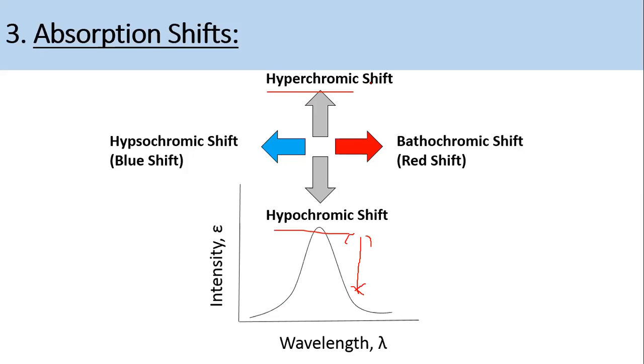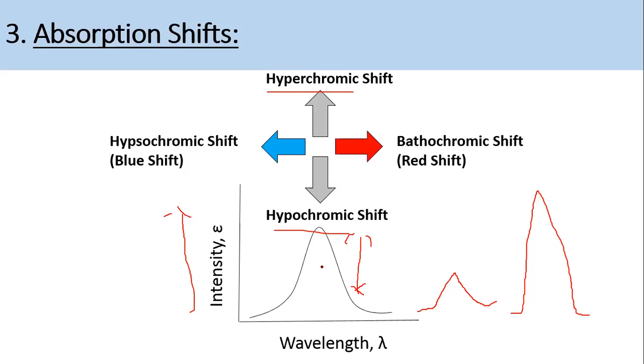A hyperchromic shift is a shift which causes an increase in the intensity, meaning an increase along the y-axis or the height of the peak, and a hypochromic shift is a shift in which the height of the peak is reduced. So if this is the original position and the new peak has a lower height like this, we say it is a hypochromic shift. But when the peak has a greater height like this, we say it is a hyperchromic shift.